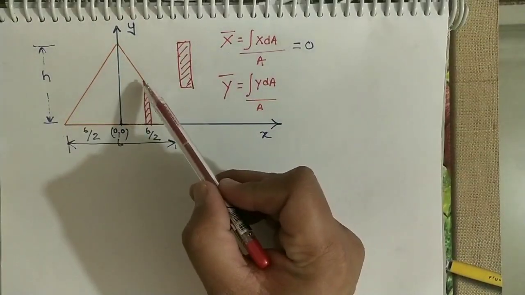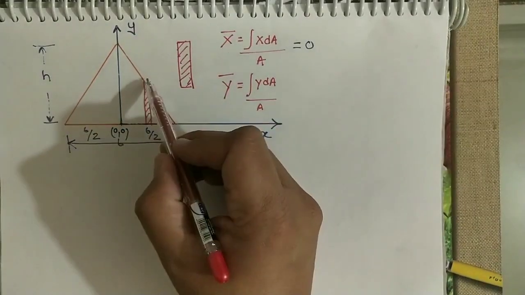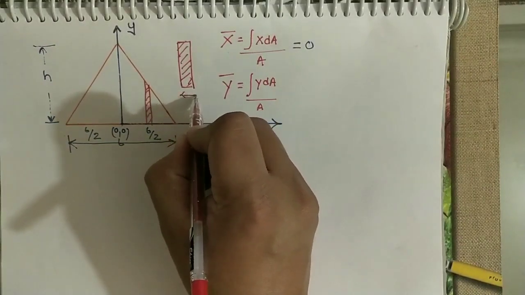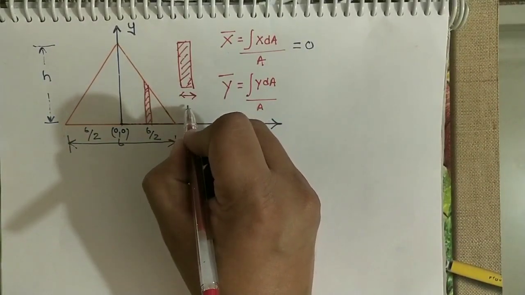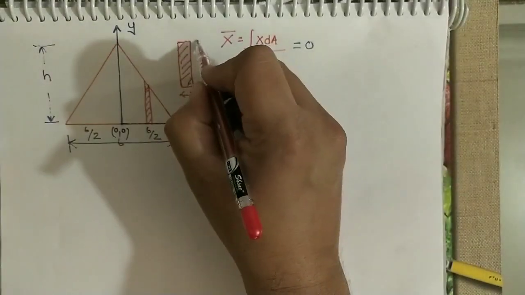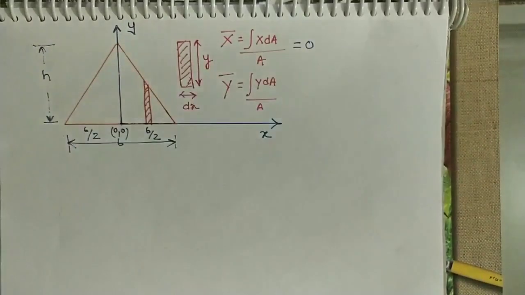Although you are seeing that there is a slope here, the planar element is so small that it is non-significant. This dimension is dx and this dimension is y.